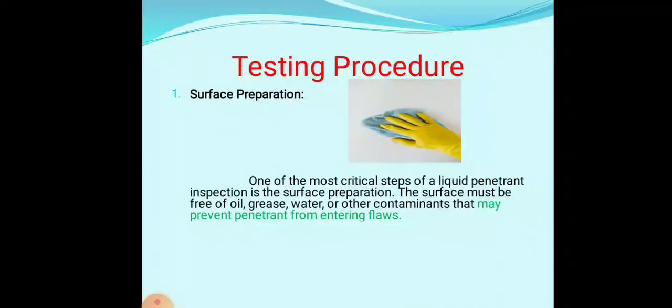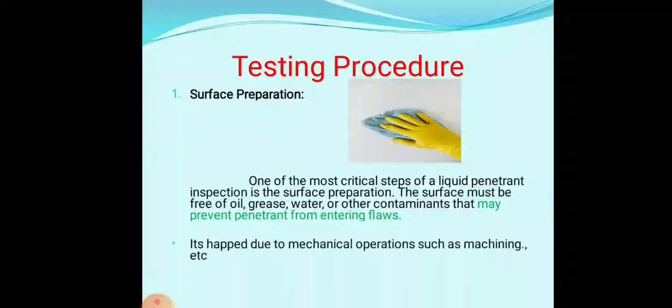The surface must be free of oil, grease, water, and other contaminants, which may prevent the penetrant from entering the flaw. So we clean the surface and remove any contaminants present on it. This contamination happens due to mechanical operations.